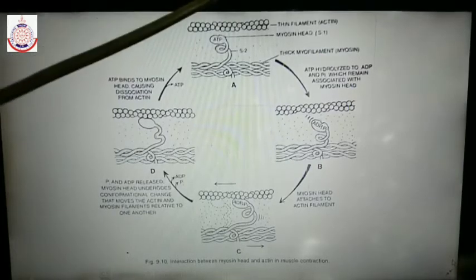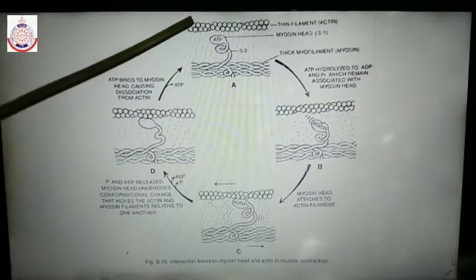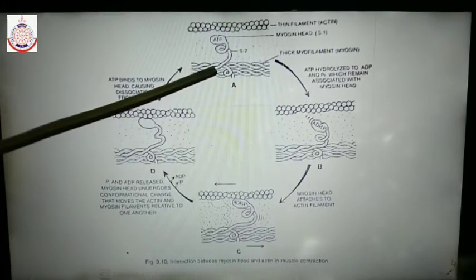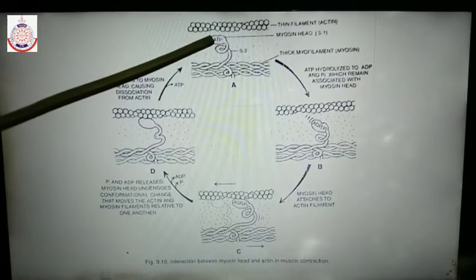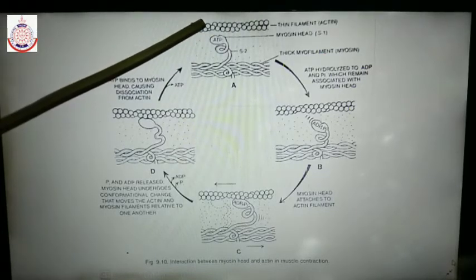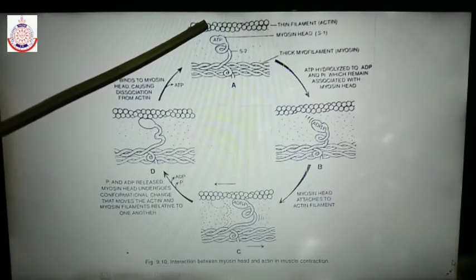Now you can see here, this is the thin filament or actin and this is the thick filament or myosin. This is the myosin head. When calcium ion binds with troponin and removes the troponin from the actin filament, it unmasks the active site on actin.